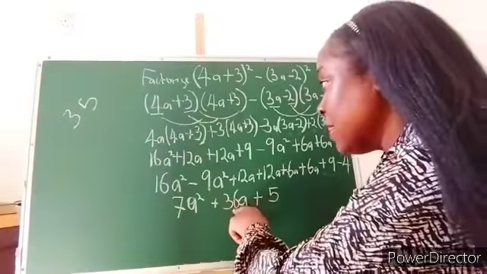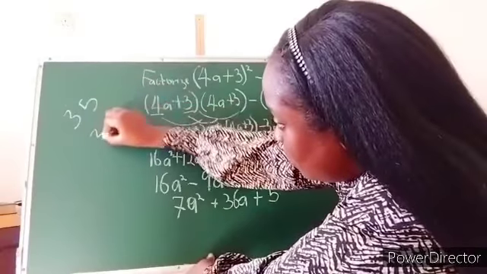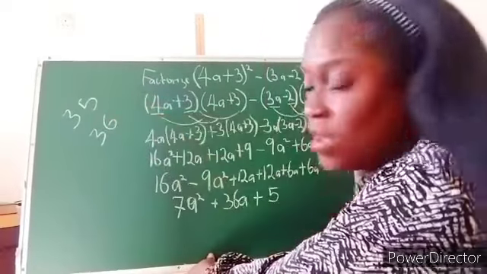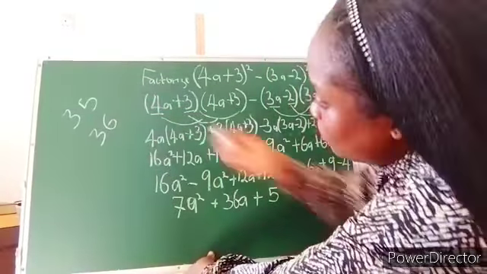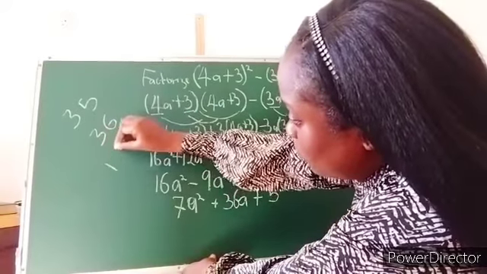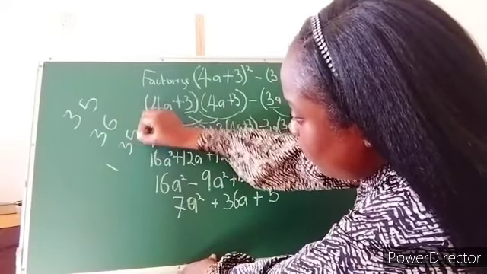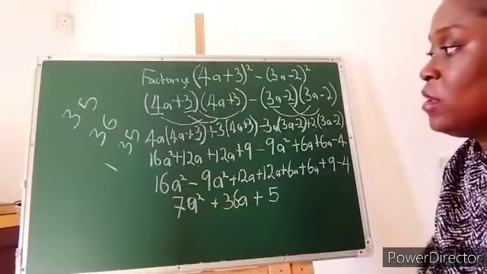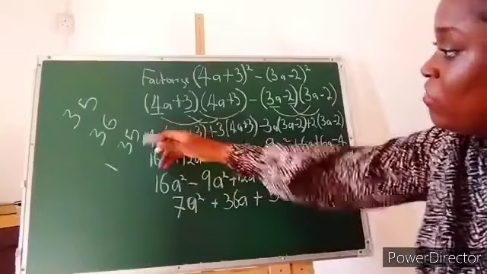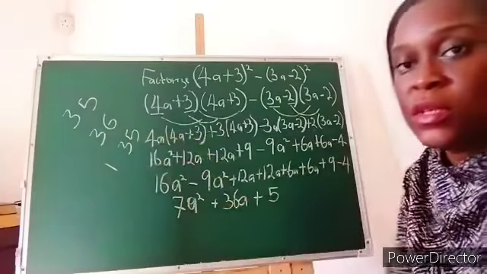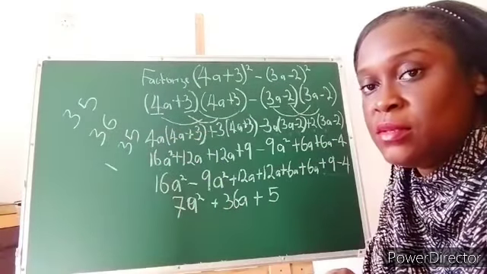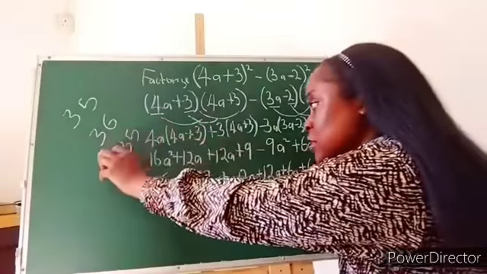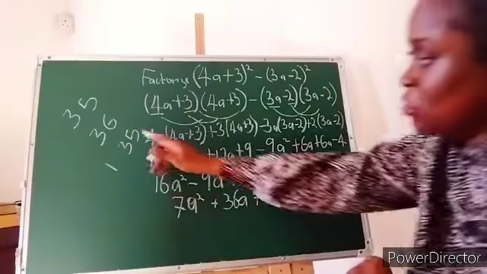Then wetin I go add now wey go give me 36, wey be factor of 35? There are 2 factors now. 1 and what? 35. 1 and 35. If I say 35 times 1, I get 35. If I say 35 plus 1, I get what? 36. You see am? So we go carry jam these factors wey dey here now.